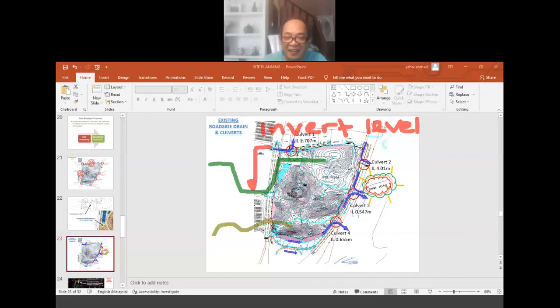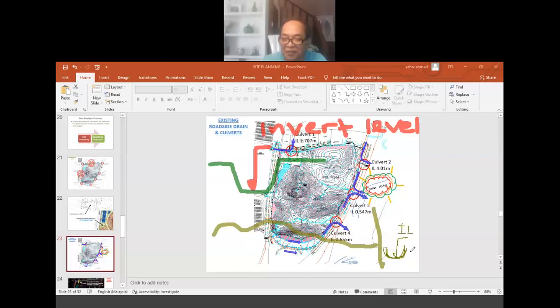Ini existing site, ini site boundary, kemudian we have our drainage di sini, existing drain sampai sini, culvert ke apa, we have this level, okay, this invert level.